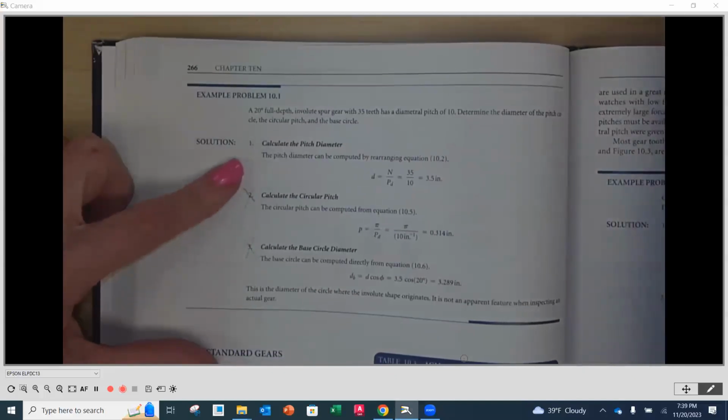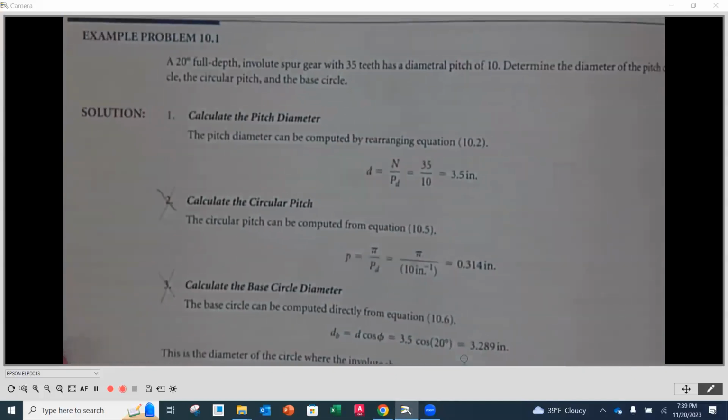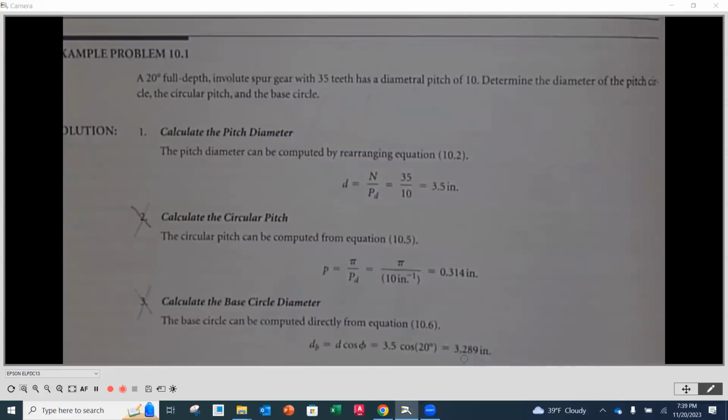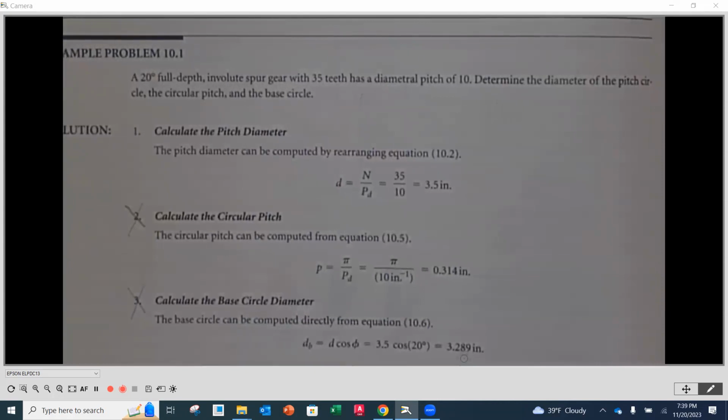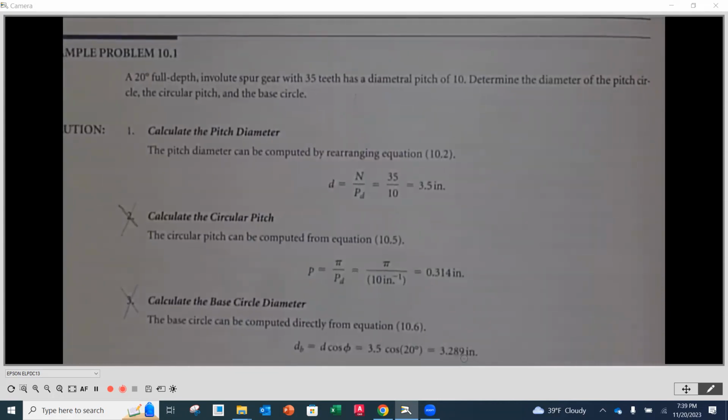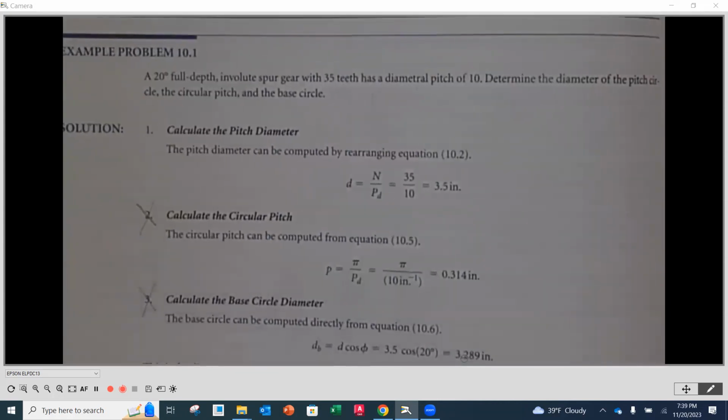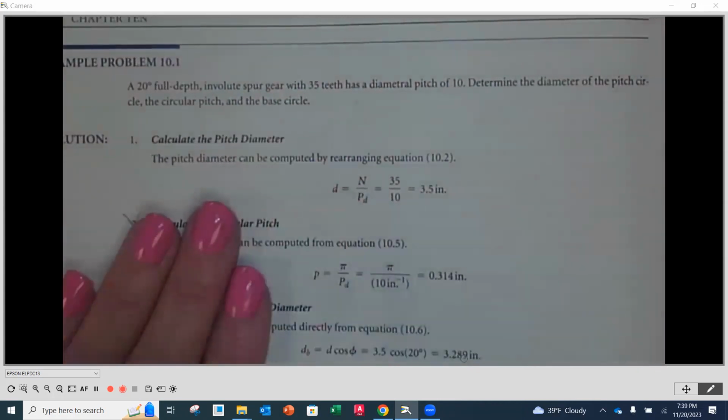It says we have a 20-degree full depth involute spur gear, so it's our standard tooth size, with 35 teeth that has a diametral pitch of 10. Determine the pitch diameter of the pitch circle. And then it says the circular pitch and the base circle. The only one we're going to calculate here is just going to be the pitch diameter.